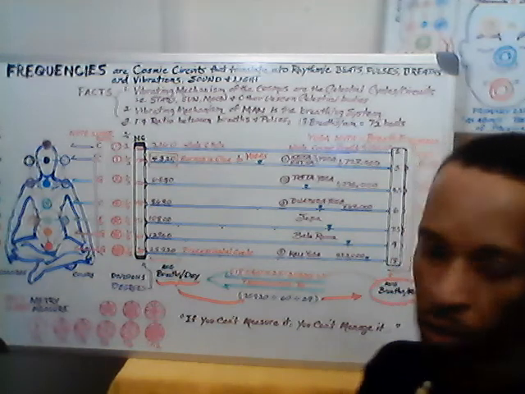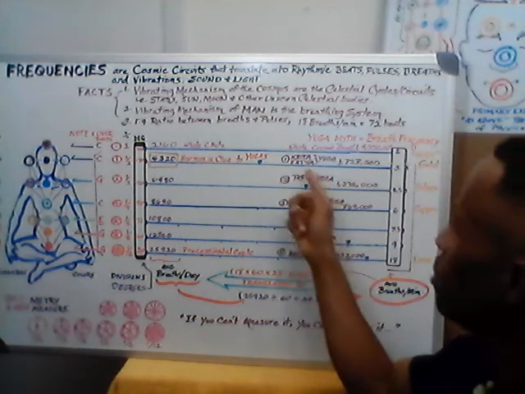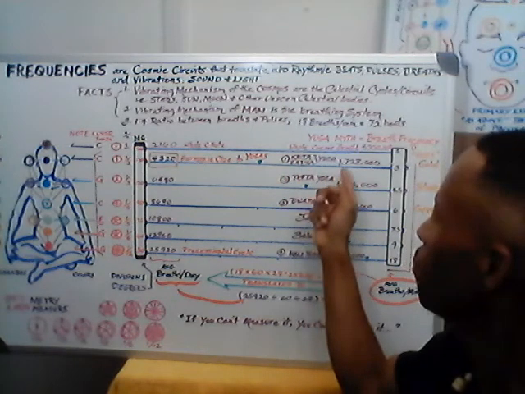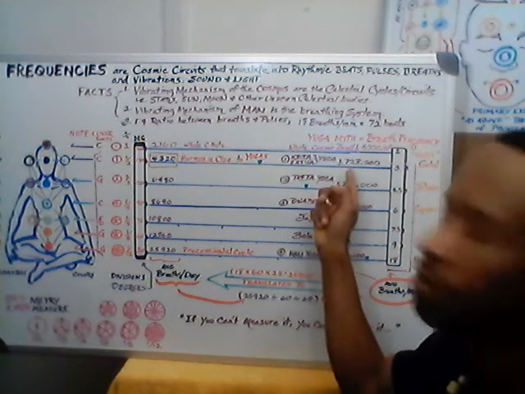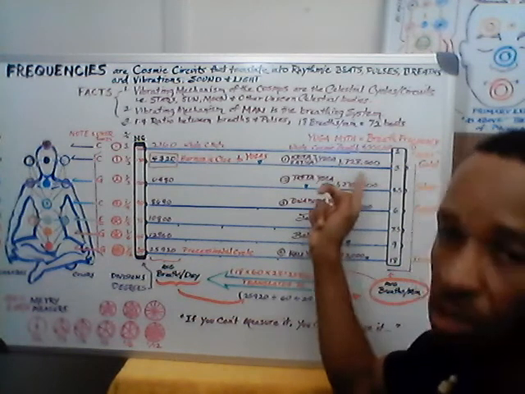They have the Golden Age, the Krita or Satya Yuga, which was supposed to be 1,728,000 years.